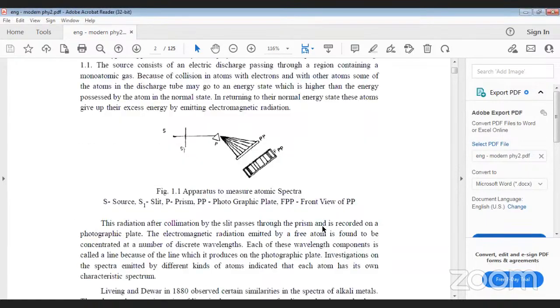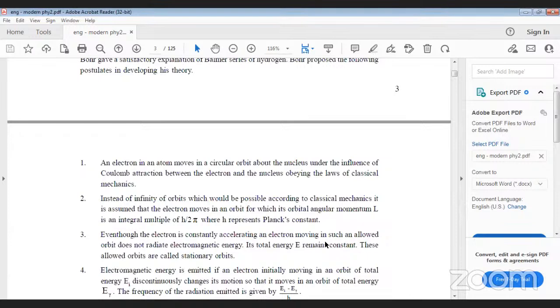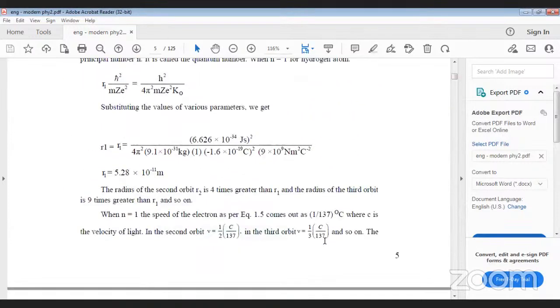So yesterday we discussed the line spectra and Bohr's atomic theory, which fails to explain more than one atom.